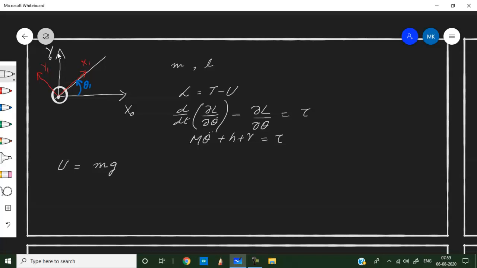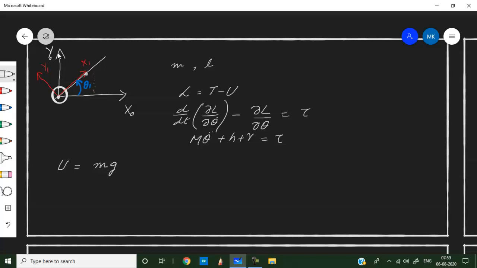So we can assume the center of mass to be at the center of the link, which is L by 2, because L is the total length. So we can consider mg, L by 2, but L by 2 is the length of the link. We have to consider the height from the ground. If this is the center of mass, this is the height that we're actually interested in, and L by 2 is this. So it will be L by 2 cos theta and L by 2 sin theta. So this will be L by 2 sin theta, because cos theta will be the base component, and sin theta will be the height.